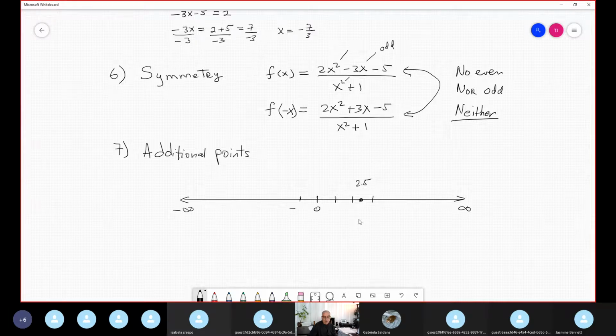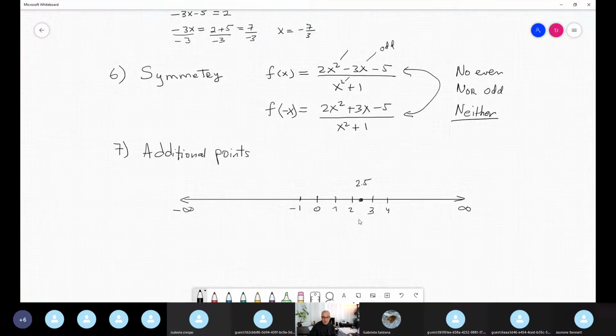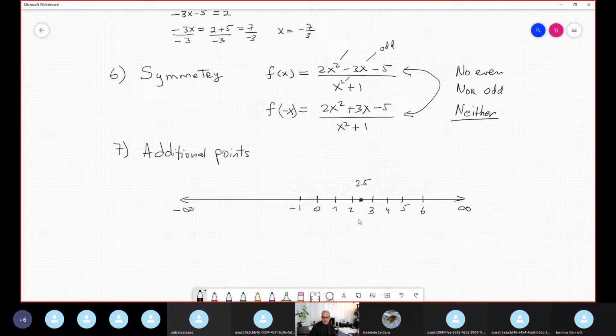So a good selection is, for example, one point in this part. Maybe this is 1, this is 2, this is 3, maybe 3, or 4, or 5, or 6, any point.